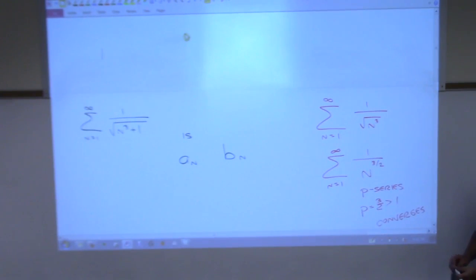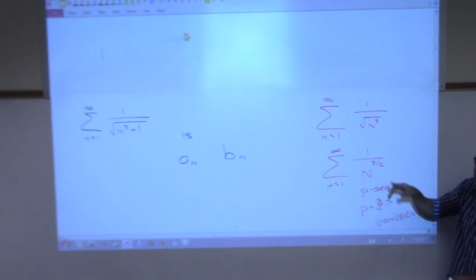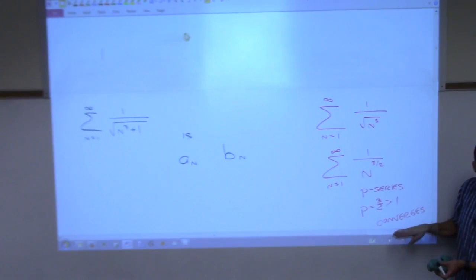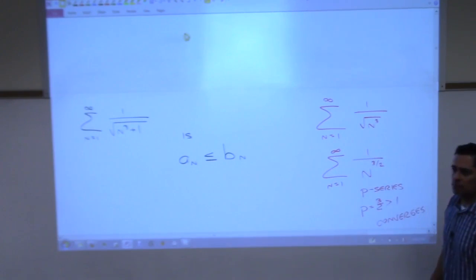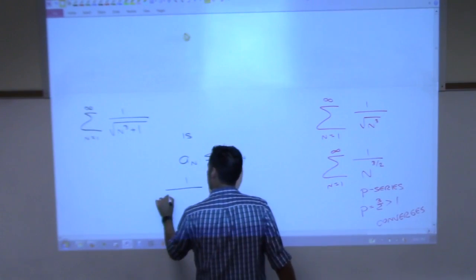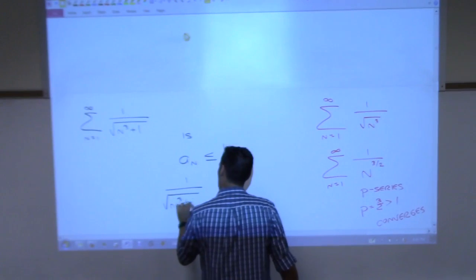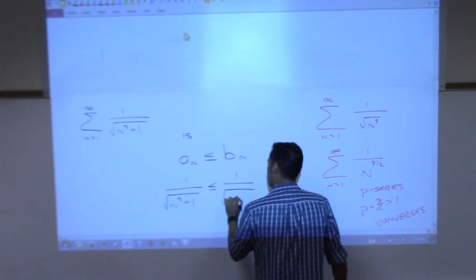Think about it this way. This one actually goes to something, right? We want that one to go to something also, which means we need that one to stay smaller than this one. So this inequality has to hold, right? Which means you have to see if 1 over square root of n cubed plus 1 is smaller than or equal to 1 over square root of n cubed?